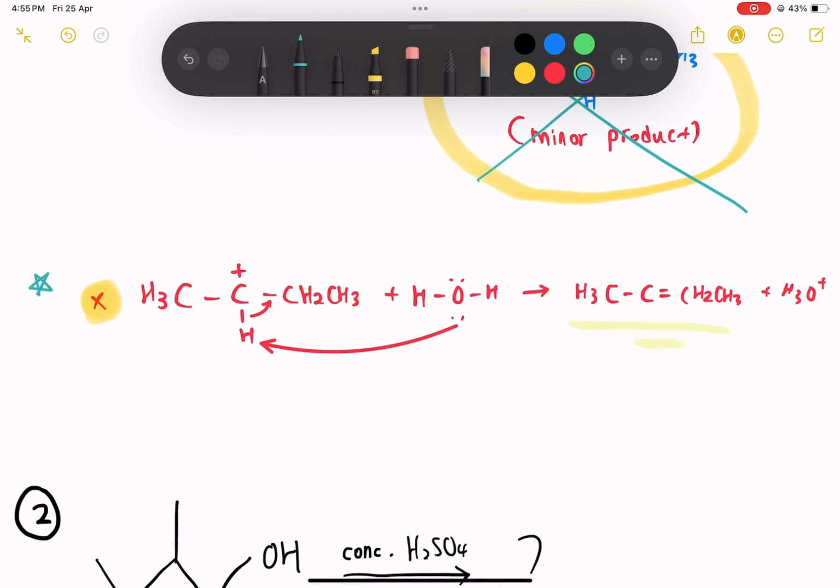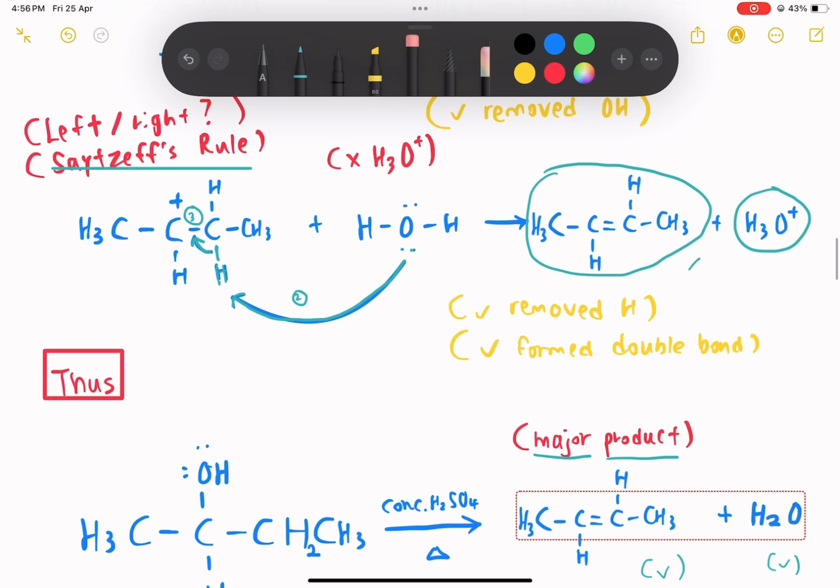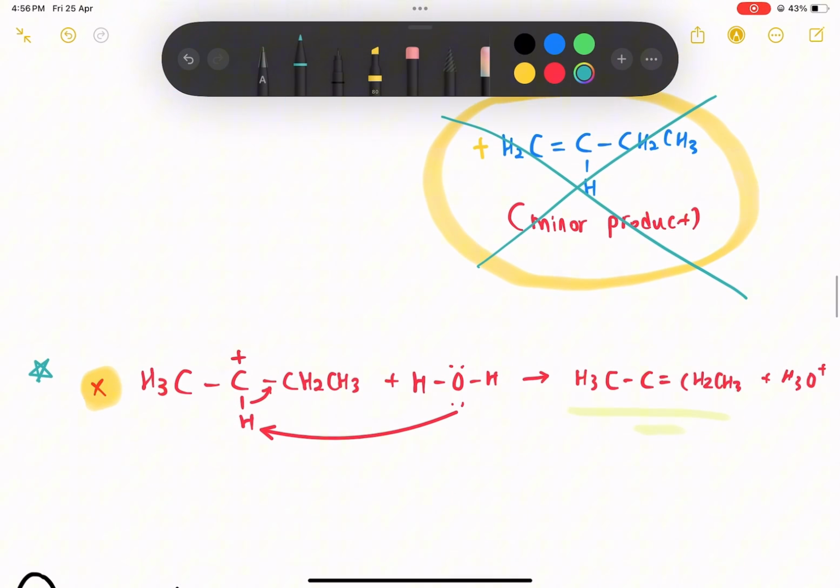A note that you must take note of is that for the third step, when H2O attacks H, it cannot attack this H, because if this highly electronegative oxygen attacks this H, the bond between C and H will break and the bond goes over here to remove plus, right?